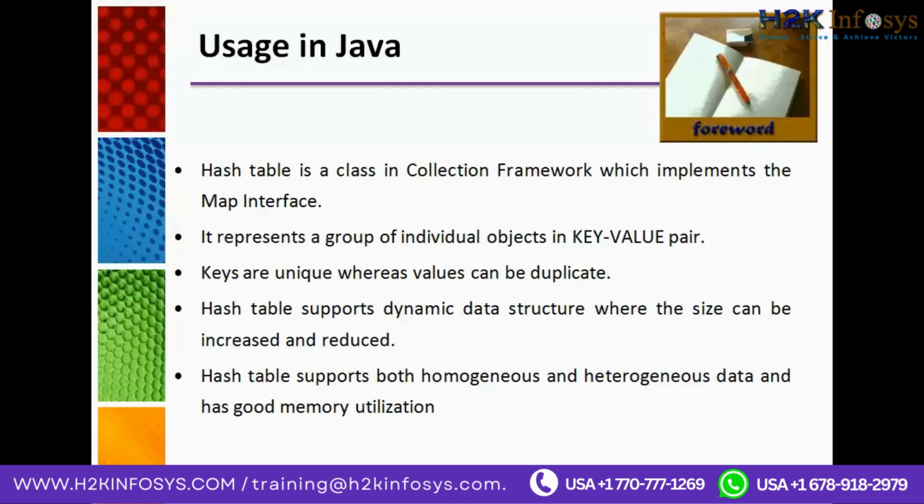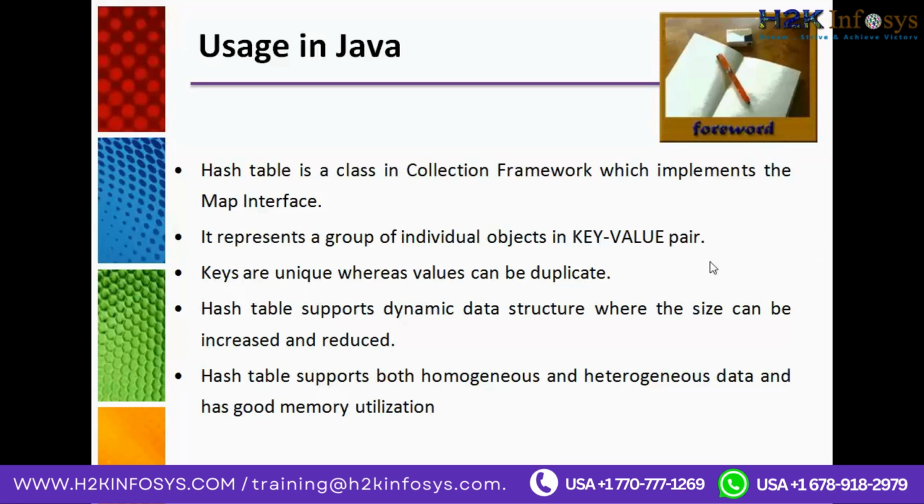Now, a hash table basically represents data, or you can say a group of individual objects, in key value pairs, where keys are unique. You cannot have duplicate keys, and the values can be duplicated. So keys are unique in nature, whereas values can be duplicated.